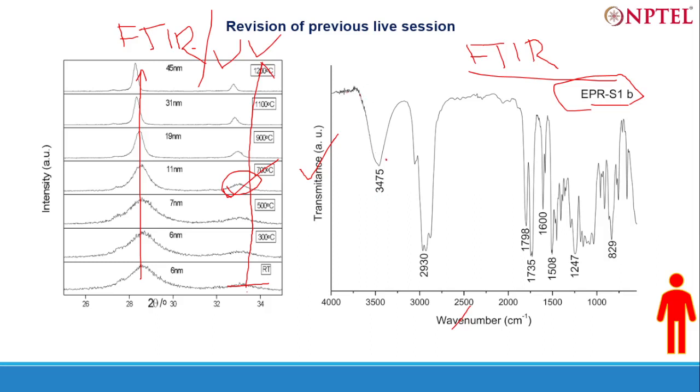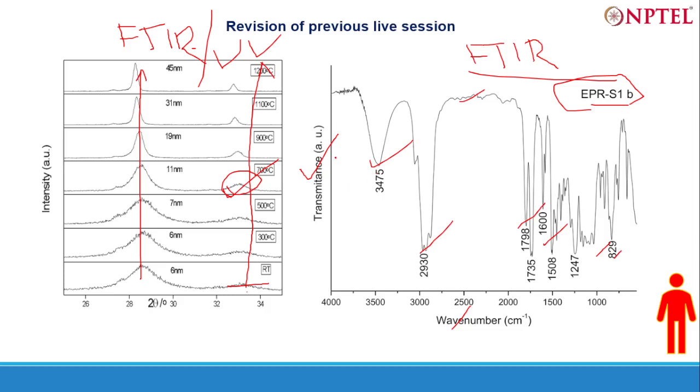In the FTIR results, you see that there are peaks. These are called peaks, and these are crests. You identify these peaks and note down the wave number from here. Each wave number is characteristic of a particular functional group only.